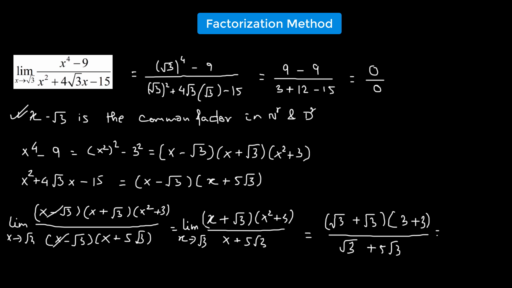Now root 3 plus root 3 is going to give us 2 root 3, and 3 plus 3 is going to give us 6, and the denominator, root 3 plus 5 root 3, will give us 6 root 3. Made a mistake here, so 3 plus 3 is going to give us 6. So 6 root 3 is common to both the numerator and the denominator, so that gets factored out, leaving us with a limiting value of 2.